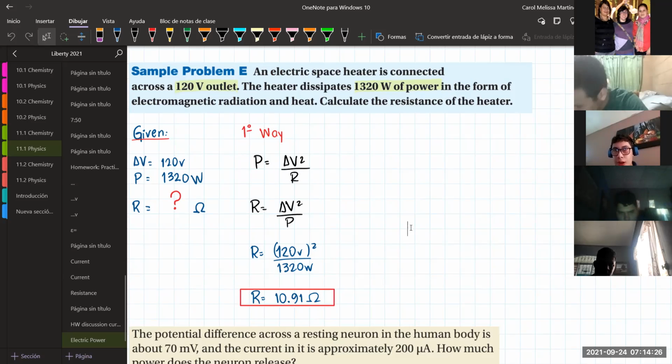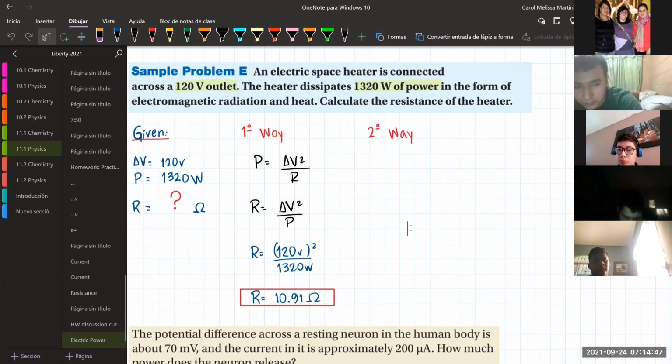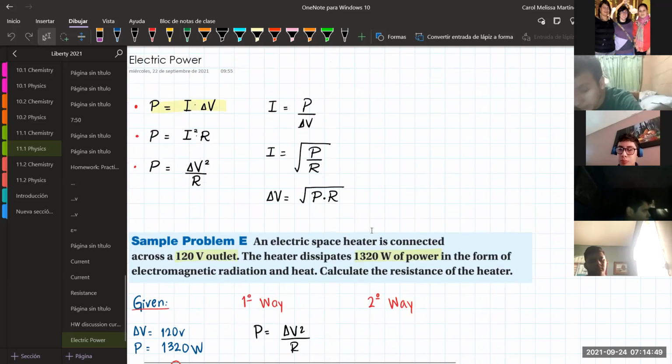You can do it this way or you can do it in another way. The second way is doing a two-step process. So if I want to use the first equation from here, I need to know the current.